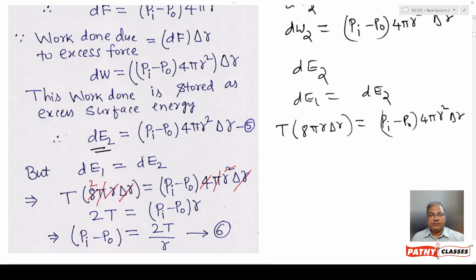On both sides R gets cancelled, delta R gets cancelled, pi and pi get cancelled, and 4 ones are 4, 2 twos are 4.